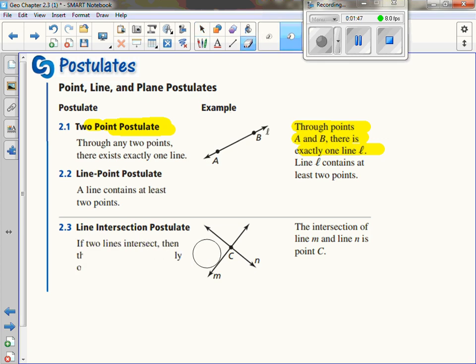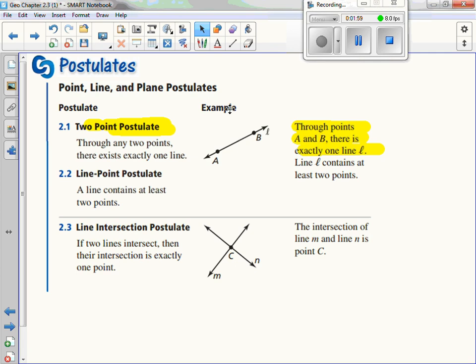Line intersection postulate. If two lines intersect, their intersection is exactly 1 point. If two lines intersect, they intersect at exactly 1 point. Because do lines curve?